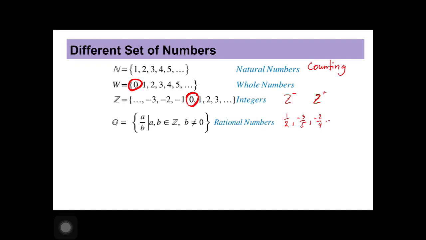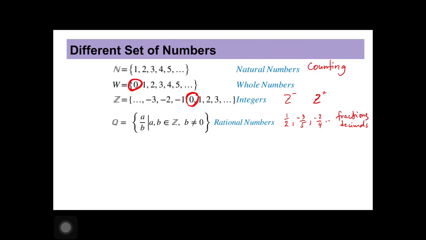So rational numbers are fractions and decimals. So these are fractions, and also decimals. Why? Because we can change our fractions to decimals as long as letter B is not equal to 0. It means you cannot divide any number by 0.